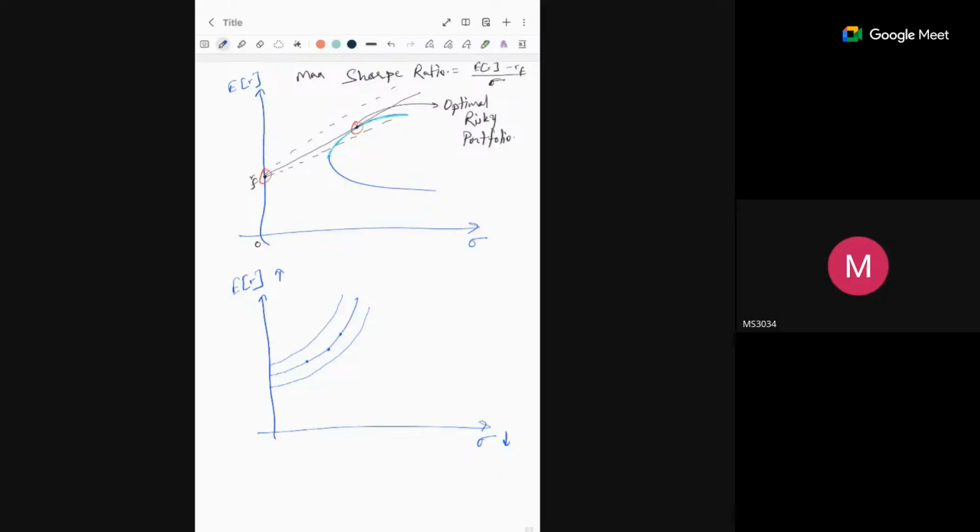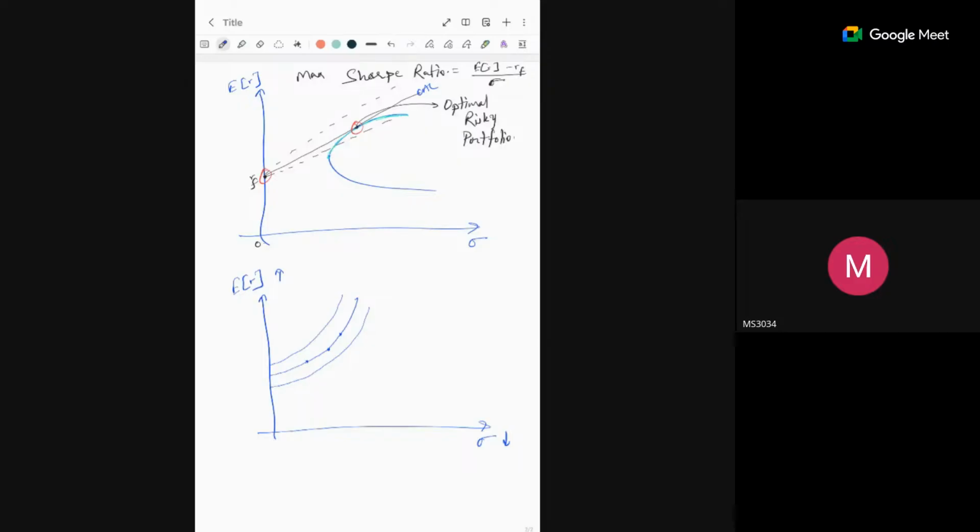Now, to find your optimal portfolio, this is for a given risk aversion level. If you are given this indifference curve and you have this optimal risky portfolio, then you can draw your capital allocation line and impose this indifference curve on it. The point at which these two are tangent to each other, the capital allocation line for the optimal risky portfolio and your indifference curve, that would be the optimal portfolio which you should choose.